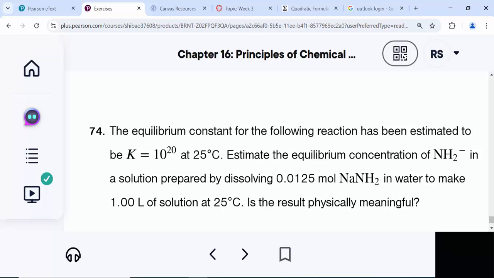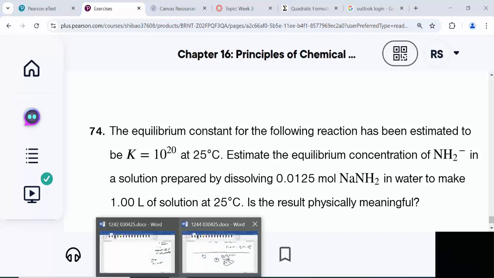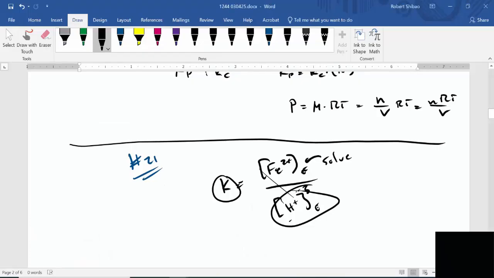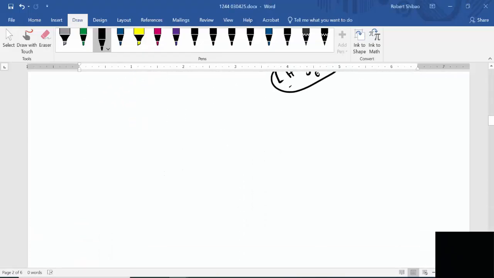And so what I want to do is talk about Ka and Kb right now. Amide is a strong base, correct? And what do strong bases do? They hydrolyze water completely. And what do strong acids do?